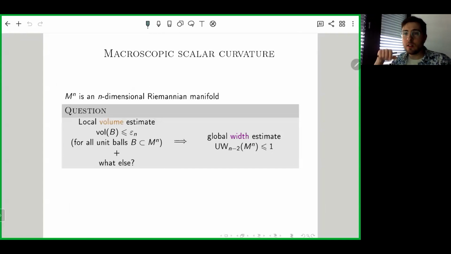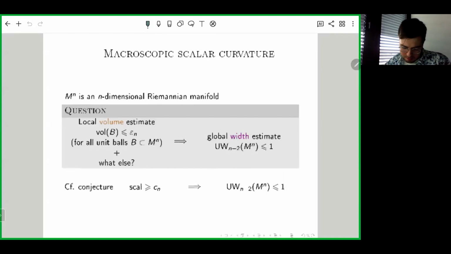Though it's not enough to assume that unit balls are small in order to conclude an upper bound for the codimension 2 width. So I stated here the question. Maybe we want to require some stronger assumptions in order to get the macroscopic analog of the strongest conjecture.